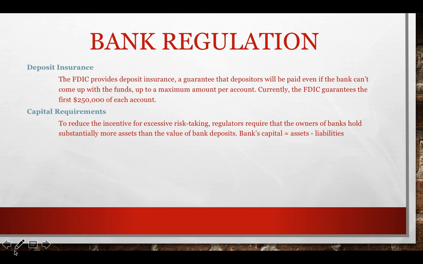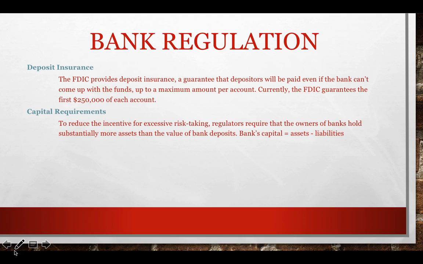The next are capital requirements. In order for banks to not take excessive risks, they want banks to hold more assets than the value of their deposits. One of the big things that got us into the Great Recession was banks making really, really risky bets with their customers' money. And when those bets didn't pan out, they had no way to pay them off.